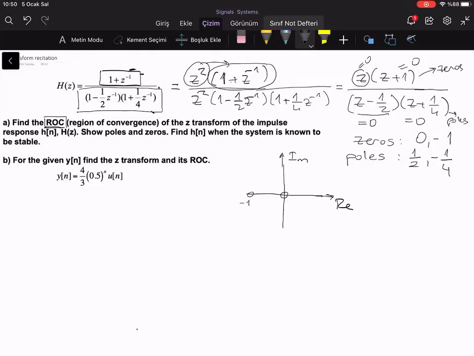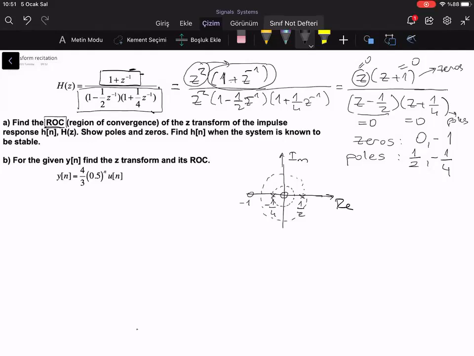And then I have 1 over 2 as the pole, and -1 over 4 as the pole. We indicate 0 by circle. We indicate poles by cross. Okay? Then I draw a circle regarding one of the poles, and I have another circle regarding the other pole.